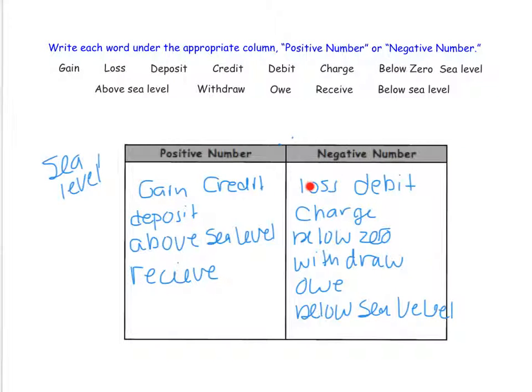For my negative numbers, I have loss, debit, charge, below 0, withdraw, owe, below 0, and then below sea level. The one that was on my list that didn't fit in either place was exactly sea level. Exactly sea level is not a positive or a negative, it's just 0. So I left that outside of the box. Did we agree?